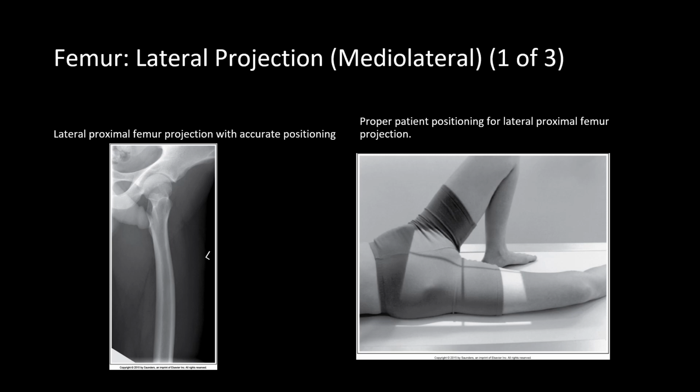Any orthopedic apparatus located in the proximal femur or hip should be included in its entirety, and 2 inches of overlap should be evident with the distal lateral femoral projection if the entire femur is imaged.